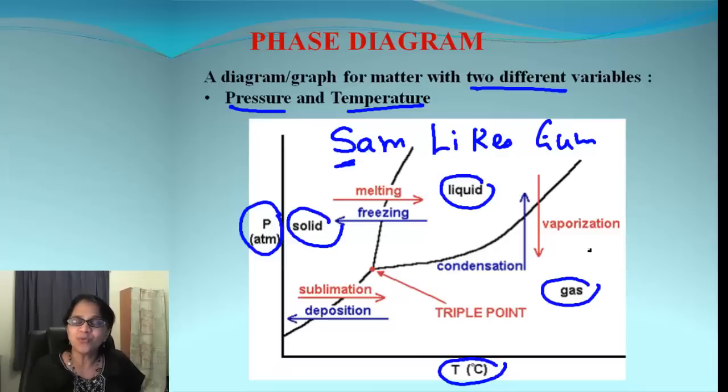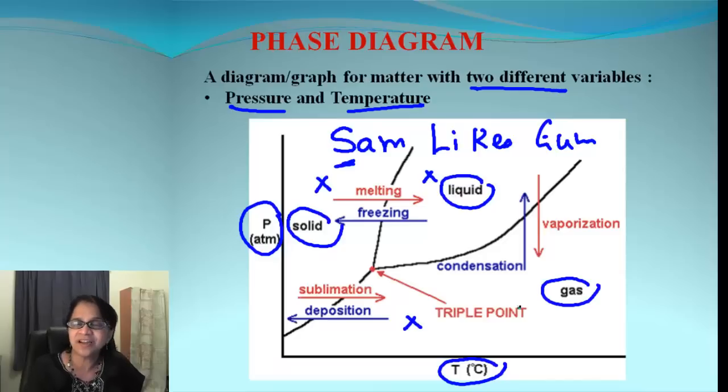Now, once you know which area corresponds to which state of matter, it is easy. If you know a particular pressure and temperature, and you know the substance is in this area, that will be solid. If it is in this area, it's liquid, and over here, that will be gas.